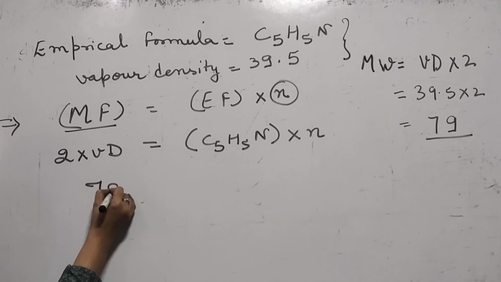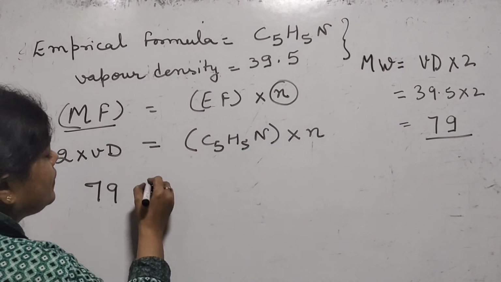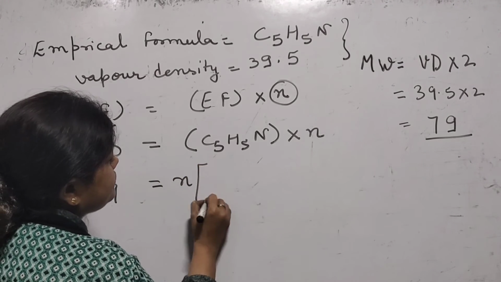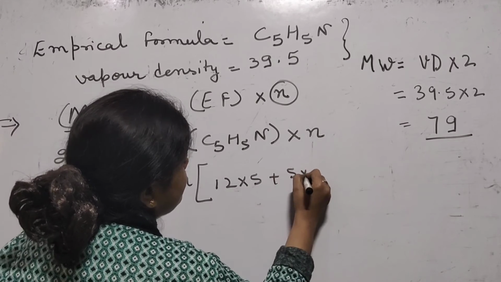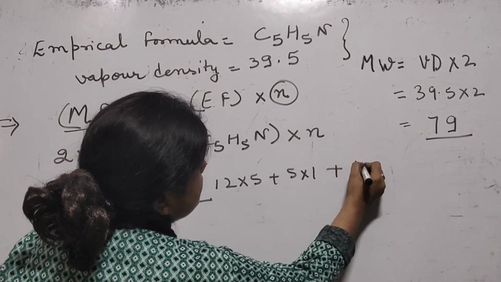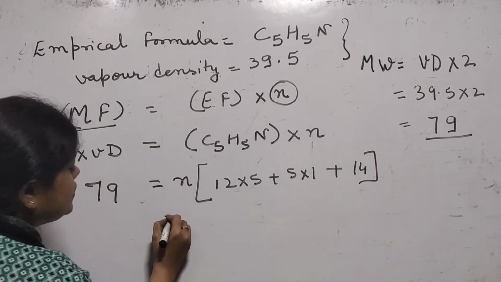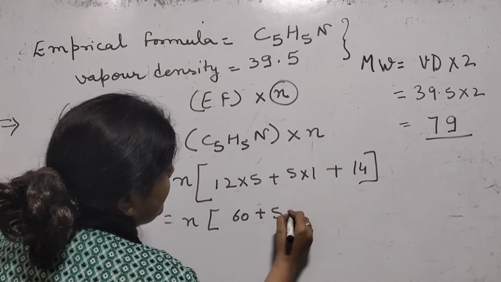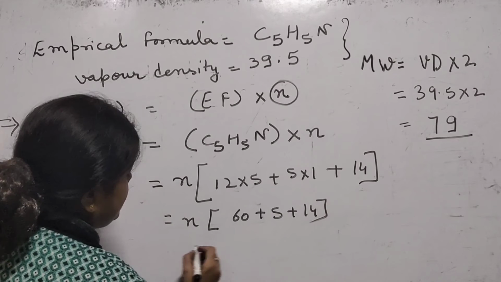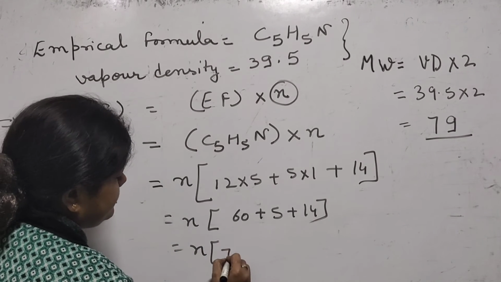It is 79 as we calculated there, and here we have N, 12 into 5 plus 5 into 1, atomic weight of nitrogen is 14. So when we sum up, we find 60 plus 5 plus 14, and we again got 79.